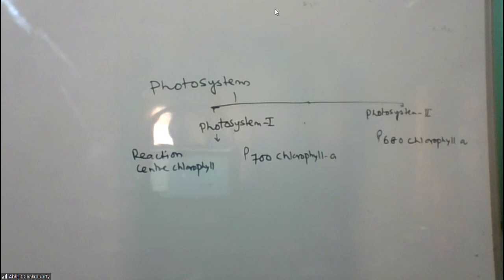Why is the term P700 used, and what is the meaning of the term P680? When the term P700 is used, it means it can absorb light up to 700 nanometers.